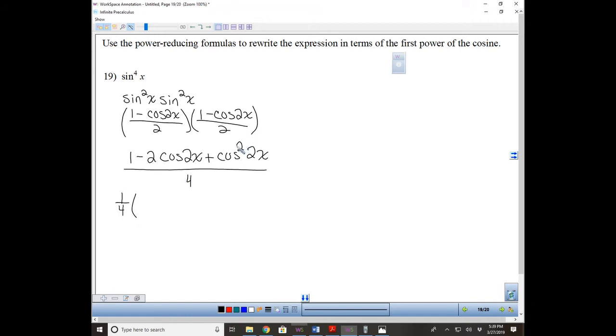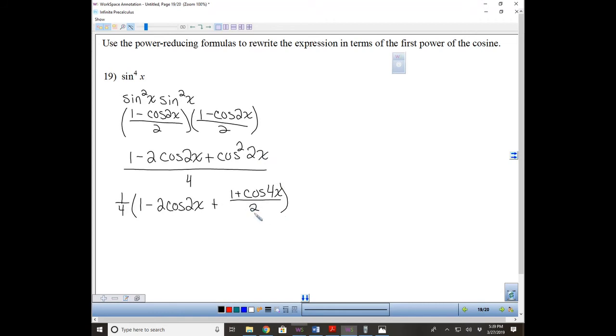Then I need to power reduce this. So I've got 1 minus 2 cosine 2x. And since this is squared, when I power reduce here, it's going to be 1 plus cosine 4x over 2.